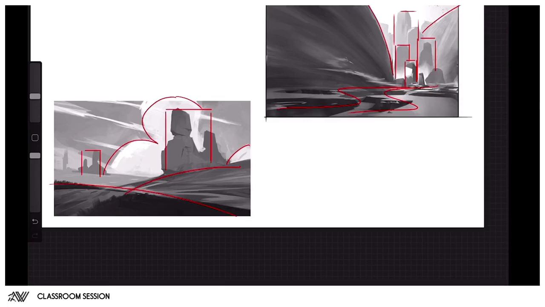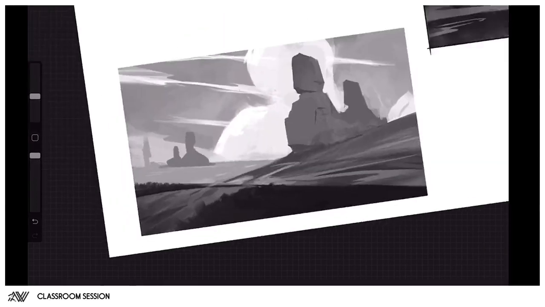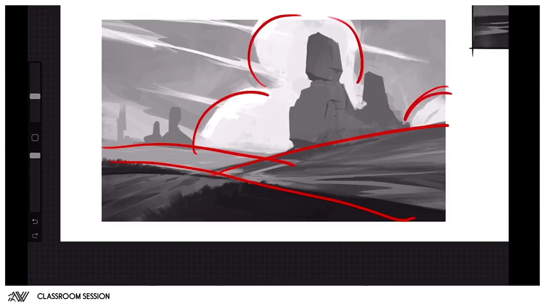That means that instead of using the same shapes all over, if you look at this example, for instance, we have the roundness of the landscape, we have the roundness of the clouds, right? But then we have a stark contrast of straights, right? And this creates visual interest within my picture.